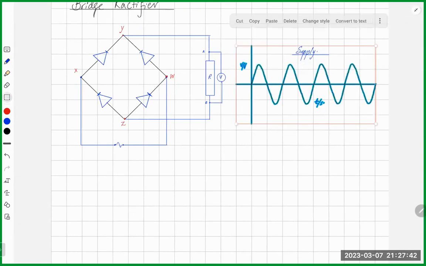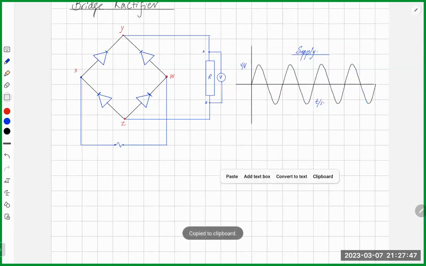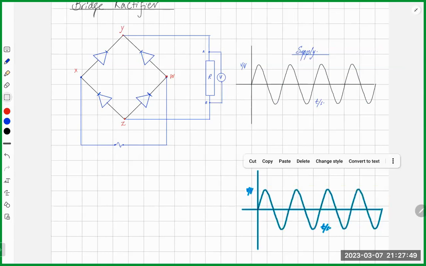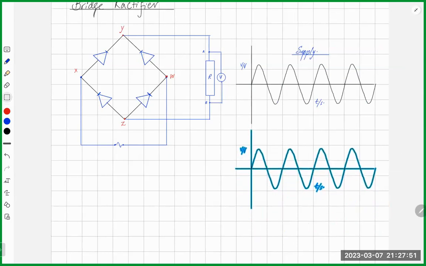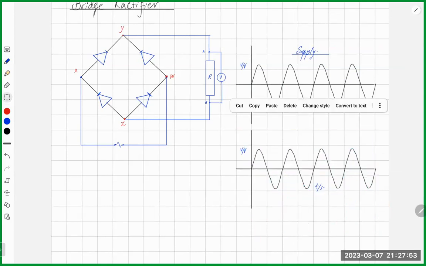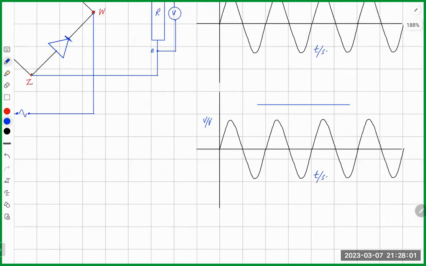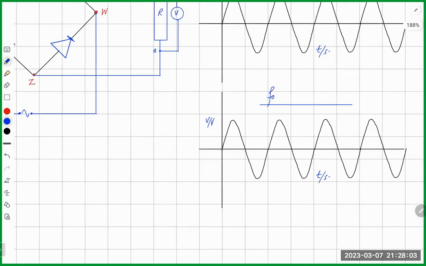Okay. Now, how will the voltage change for voltmeter V?